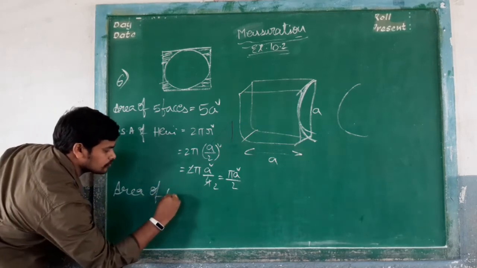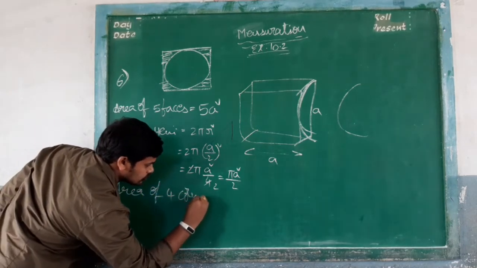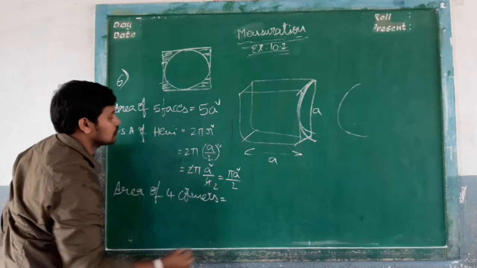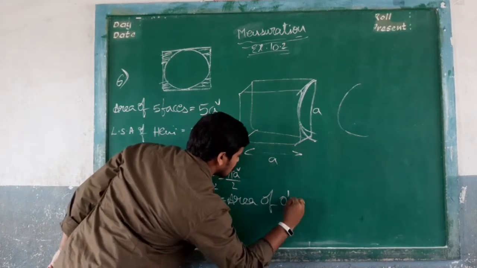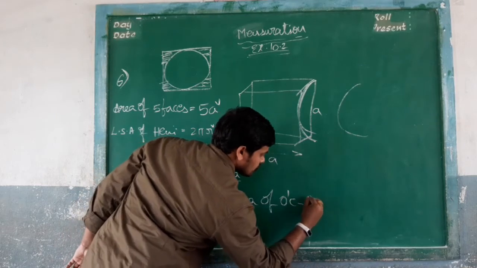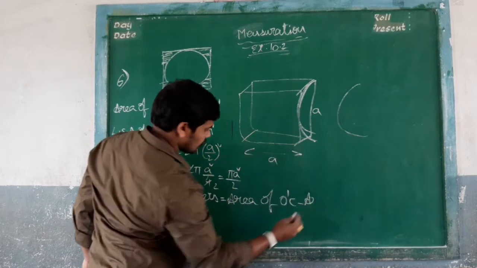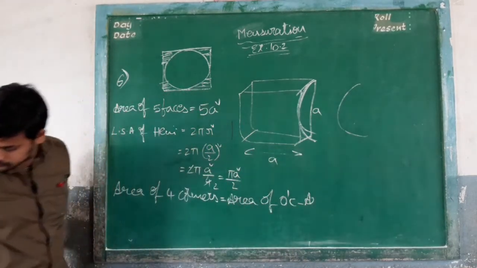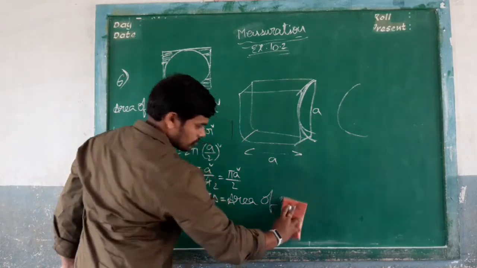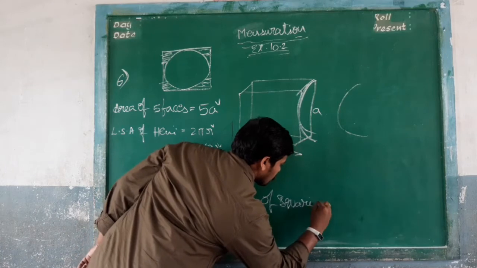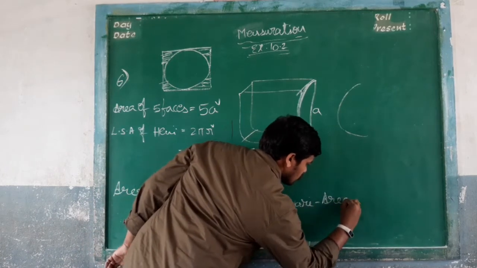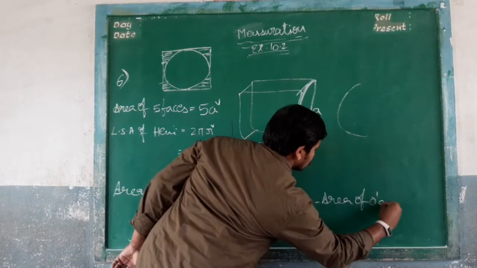Area of 4 corners is area of square minus area of circle.